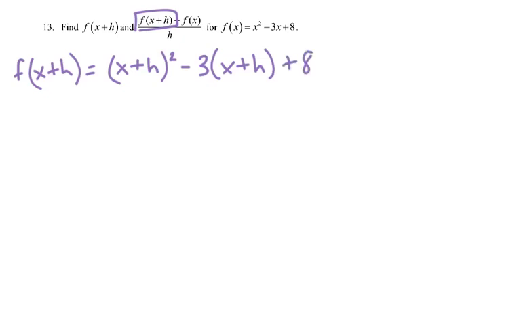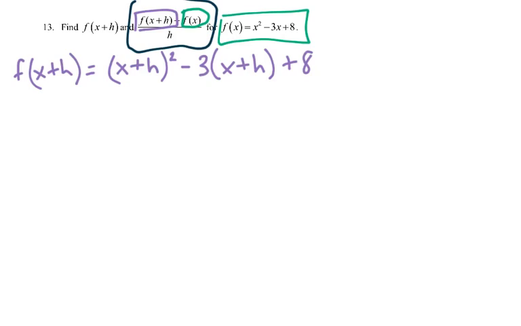So I'm going to have to multiply this out, expand it out, and then simplify everything down. The f of x is already given to us right here. So we'll find those two parts, substitute that into the difference quotient, and then simplify as much as we can.